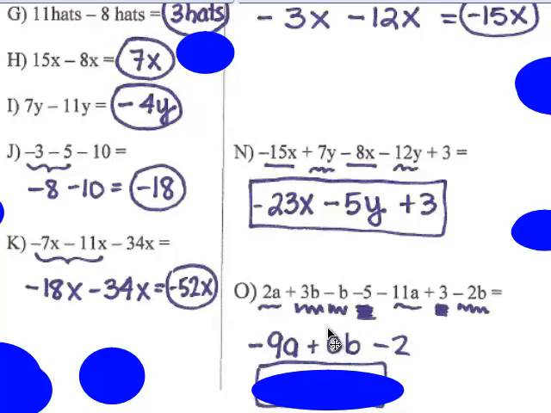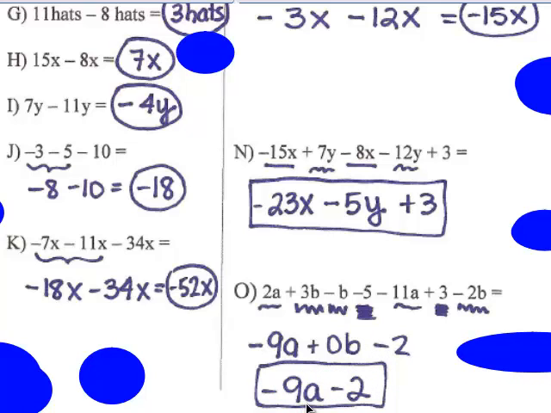No. Also, 0b. What is 0 times anything? 0 times anything is 0. So do I have to write the 0b? No, I do not. So basically, I can bring down the 9a. I can just erase the 0b, and I bring down the negative 2. So that means I have negative 9a minus 2.